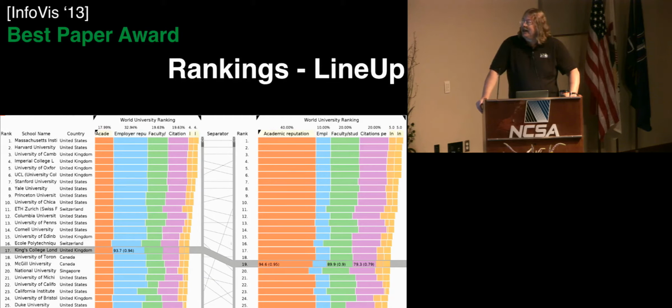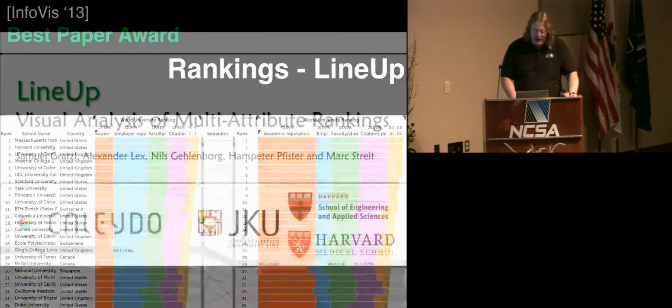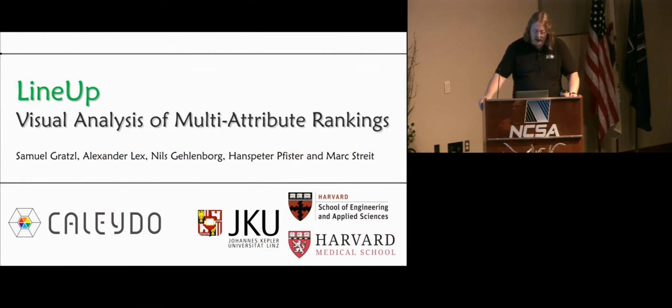It could be the faculty citations, it could be the job opportunities, it could be many different things, and you could put the weight in that category and then see the rankings based upon your own setup, and you could compare these to others.